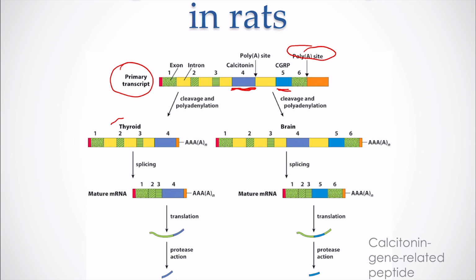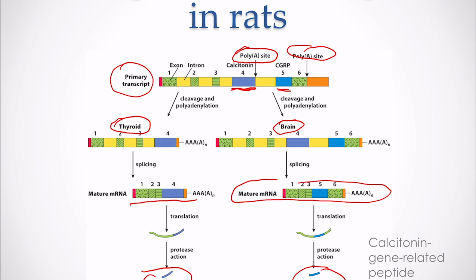In the thyroid gland, you're going to want to get calcitonin, so that means you're going to start with this first polyadenylation site, and you're going to get a smaller or different transcript. In the case of your brain, you want a different protein made. You want the calcitonin gene-related peptide made. And so this is going to require the alternative polyadenylation site. The mature messenger RNA will be different and will contain that protein that is necessary for the brain.